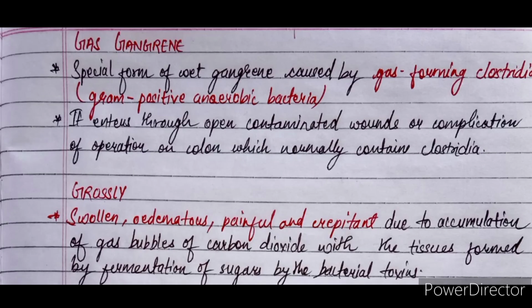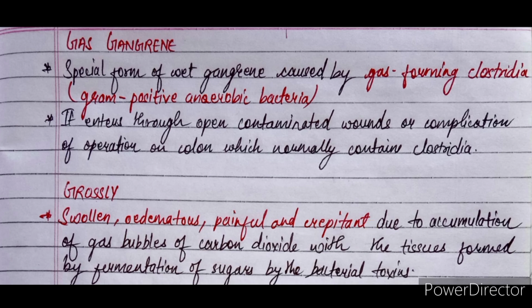Now let's see a variant of wet gangrene, that is gas gangrene. It is a special form of wet gangrene caused by gas forming bacteria known as Clostridia, and it is a gram positive anaerobic bacteria.